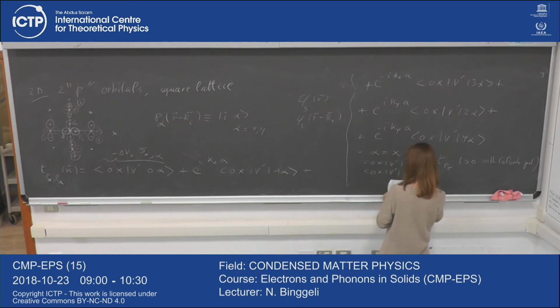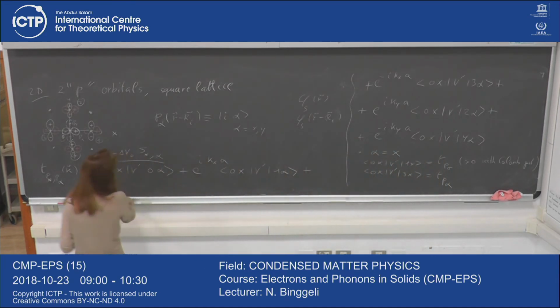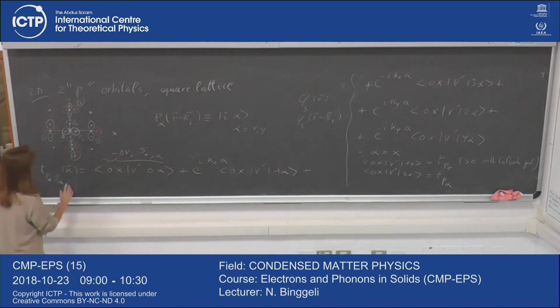These two matrix elements have the same value. What I'm saying here is that the matrix element between these states times the crystal potential is the same as the matrix element between this state and the crystal field.